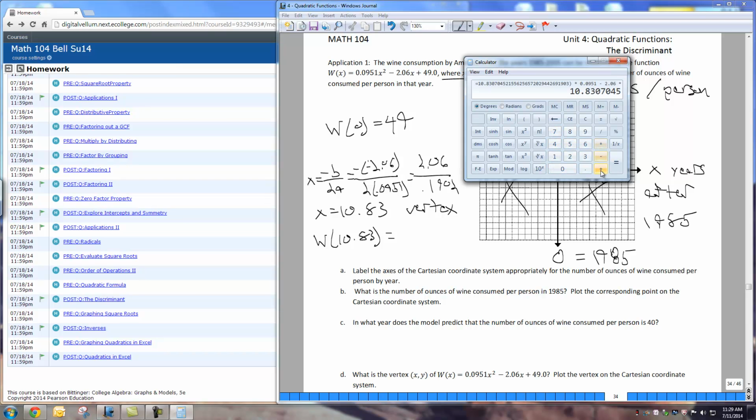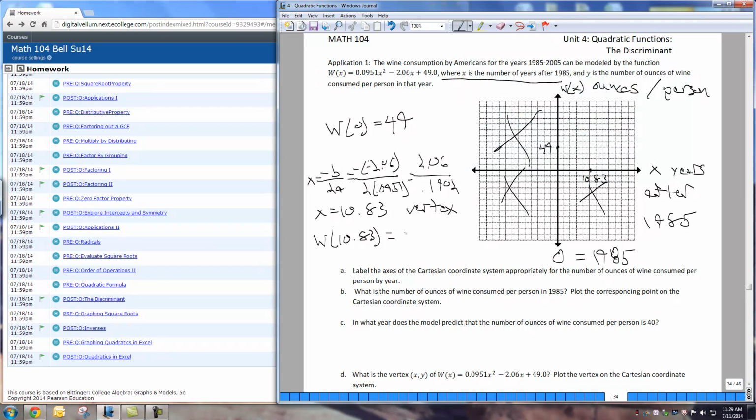We'll just go that far. Plus 49 equals. So that's 37.8 ounces. So here we'll call this 37.8.